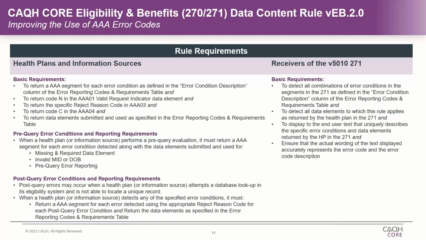We want to make sure that as much data as possible from the inbound system, that clearinghouse or the health plan's front end, can scrutinize on the inbound transaction and return all of the AAA error codes so the provider knows all of this needs to be corrected before I can actually get a valid response. So that's really helpful, right?